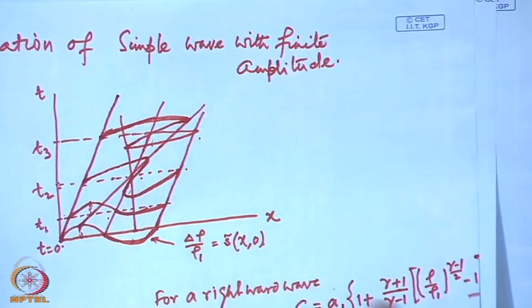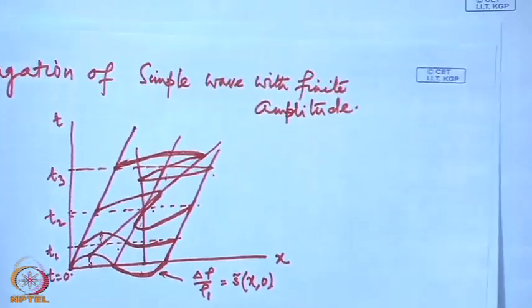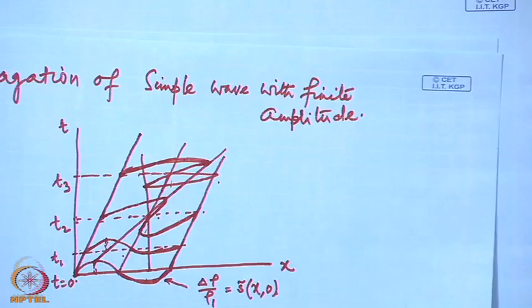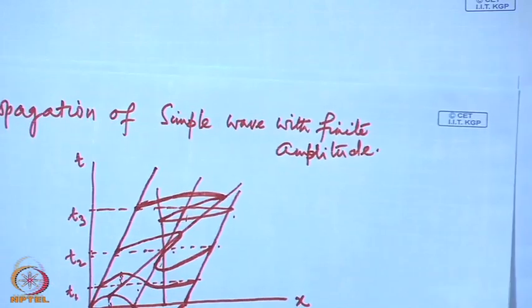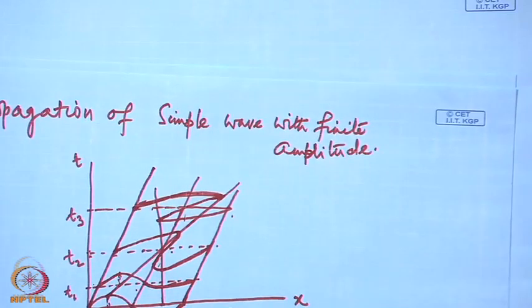So, what we see is that if we have a finite amplitude wave, then different parts of the wave will propagate at different speeds, and consequently the wave will distort. The compression part of the wave steepens, while the expansion part of the wave flattens.